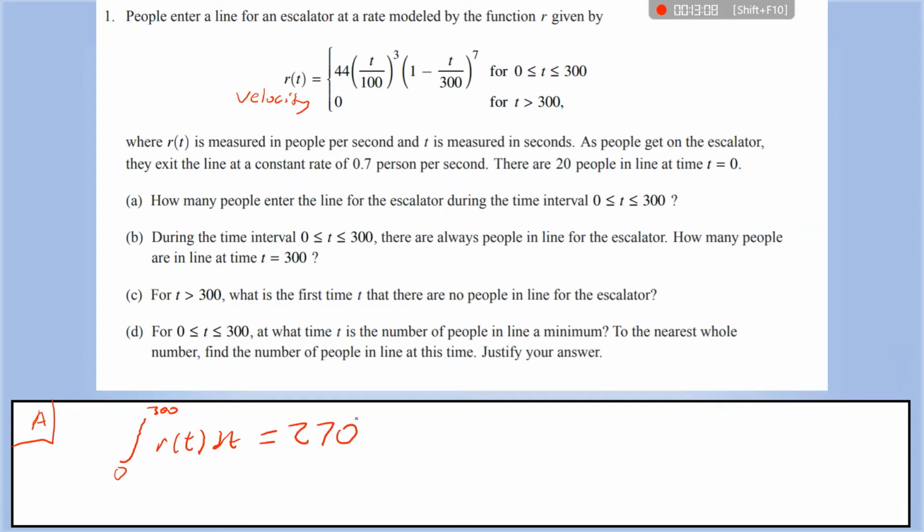Okay, so if I integrate and get 270, what are my units for this right now? People.